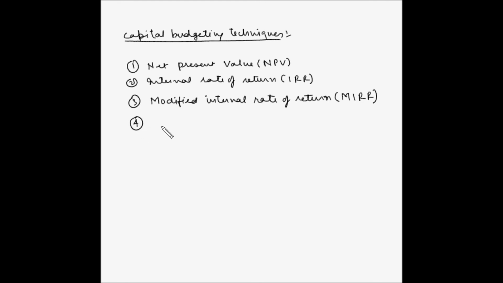Fourth, profitability index, or benefit cost ratio. Fifth, payback period.